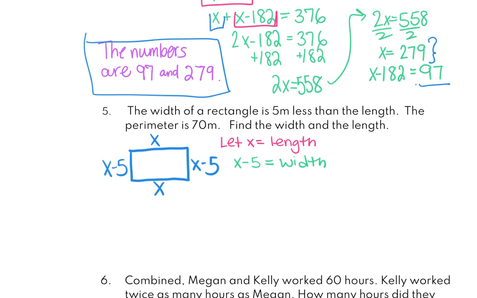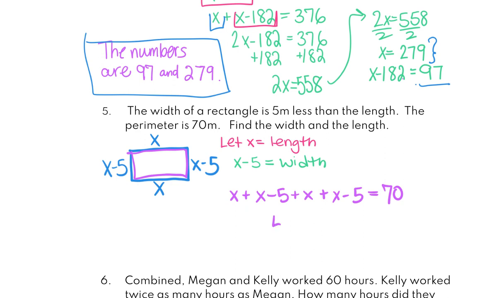I've sketched a rectangle and I've labeled the length on both sides and the width on both sides. From here, you can write your equation. So we know that the perimeter is adding up all four sides, so we have x plus x minus 5 plus x minus 5. And that's going to equal 70.